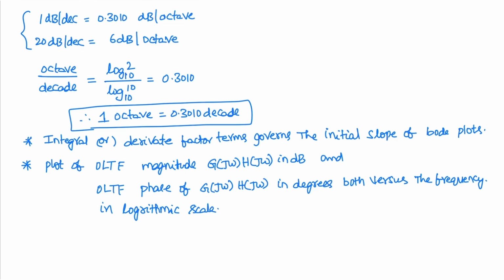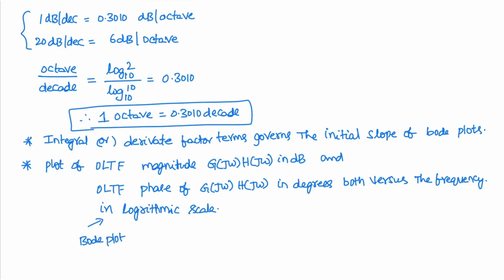Integral or derivative terms govern the initial slope of the Bode plot. The plot of open loop transfer function magnitude in dB and phase in degrees versus frequency in logarithmic scale is the Bode plot. This is the definition of the Bode plot.